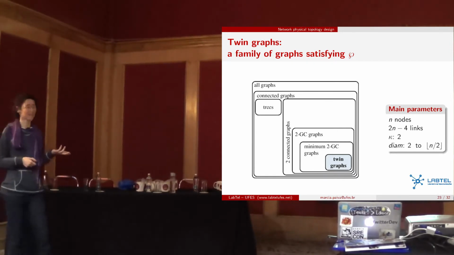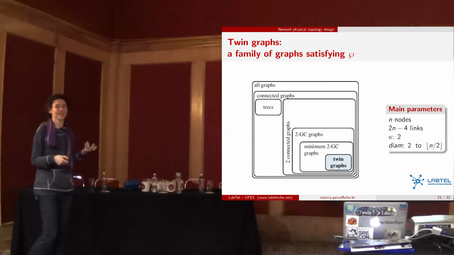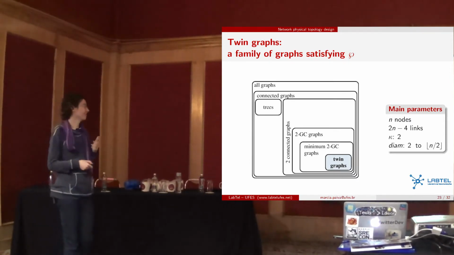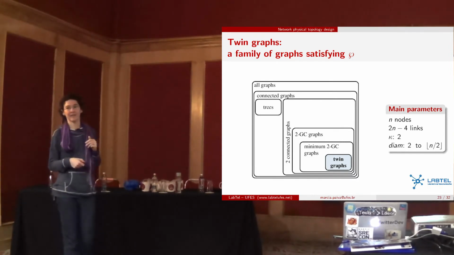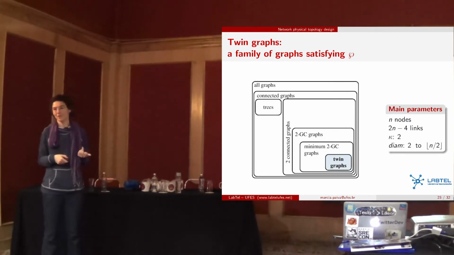So what is the difference? Why are twin graphs not all of this class? Just for definition from mathematical aspects. We have only two small graphs here, that is the cube graph and the C3. They are the only exceptions.